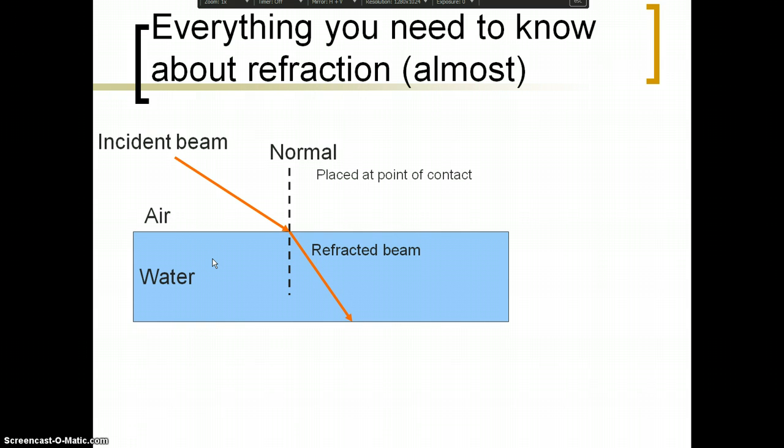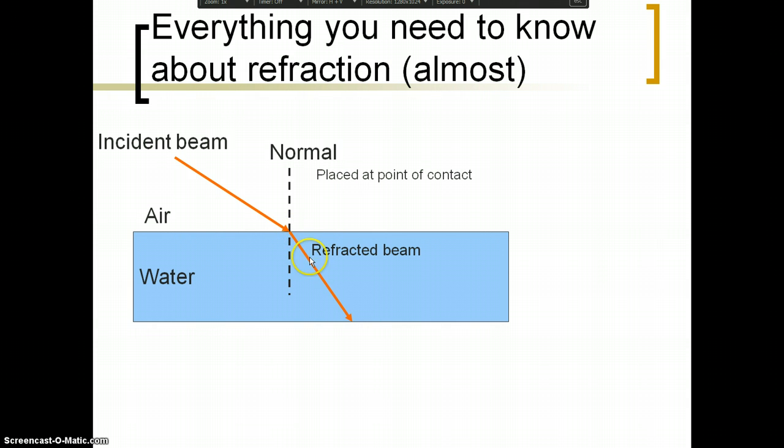All right, we're not doing exact measurements. This is all conceptual, so you don't have to actually measure out any of these angles. Normally, if there was no bending, the light would just go in a straight line. But here it does not go in a straight line.